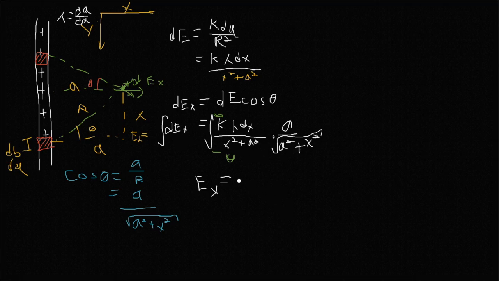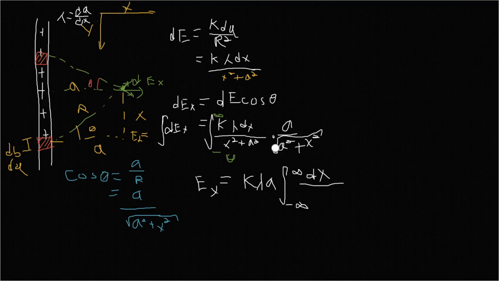Leaving us with some things left. So I said we can pull out k, lambda, a, and then we're going to integrate from negative infinity to infinity. And then we have left on the top this dx over, and we can add these exponents when they're being multiplied.